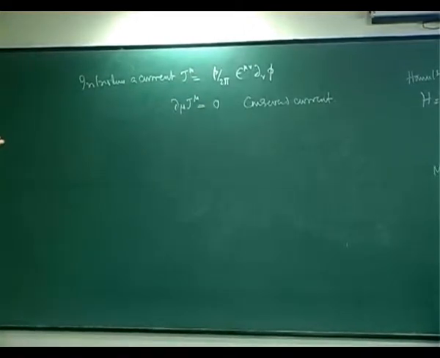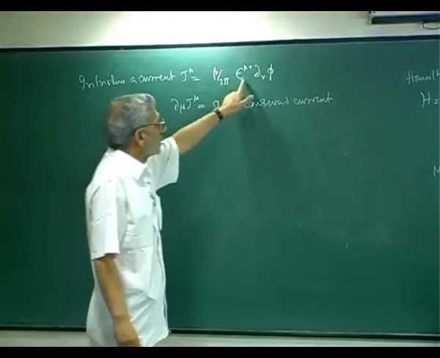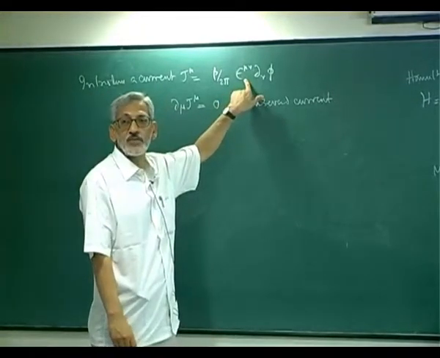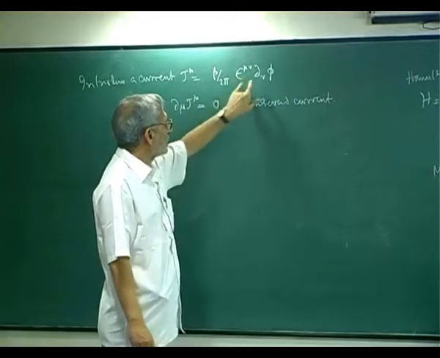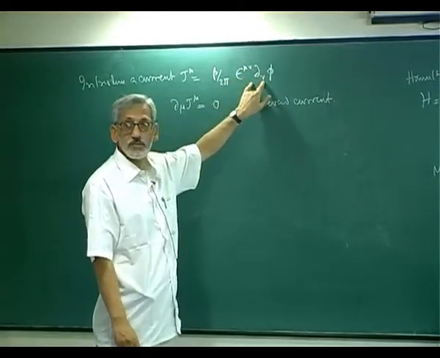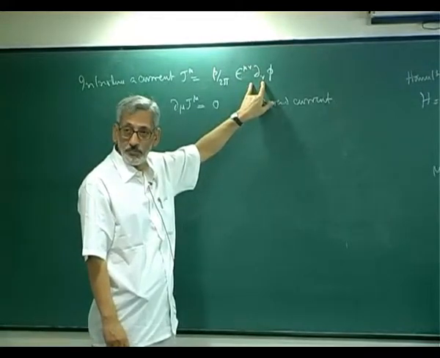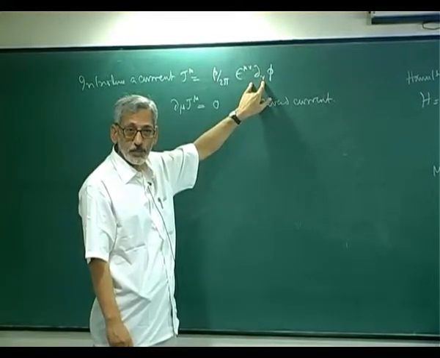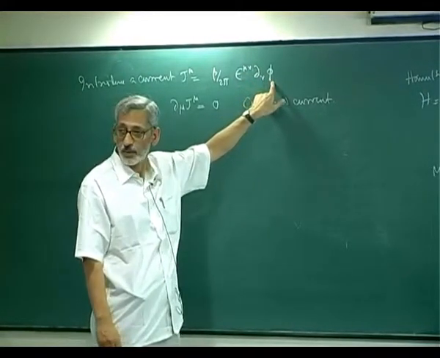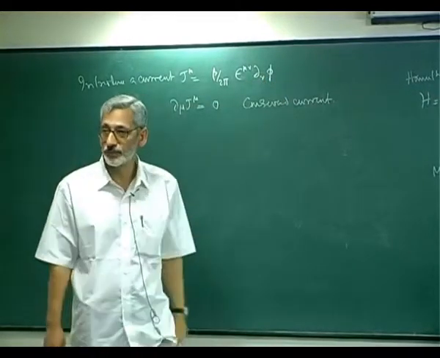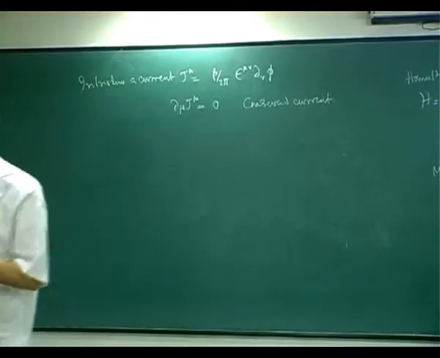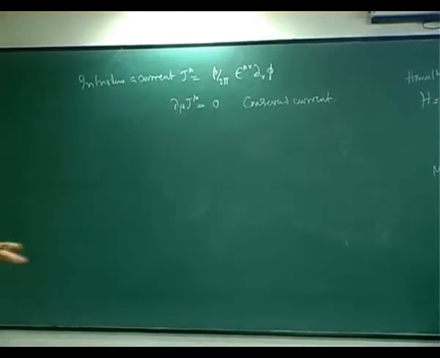This object is conserved without any use of equation. It is conserved simply because there is an epsilon mu nu sitting here which is antisymmetric. So the derivative of this is epsilon mu nu with 2 derivatives, and 2 derivatives are symmetric on functions which are reasonably well defined, and therefore that is 0. So this is a current which is conserved irrespective of whether phi satisfies the equation of motion or not.